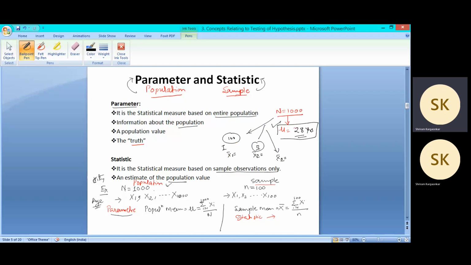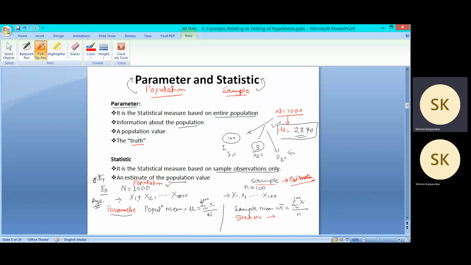So these are not the true values. These are all estimates. I hope you understand this concept. It is very important. A sample always gives you an estimate of any parameter value, whereas the population value is the truth.